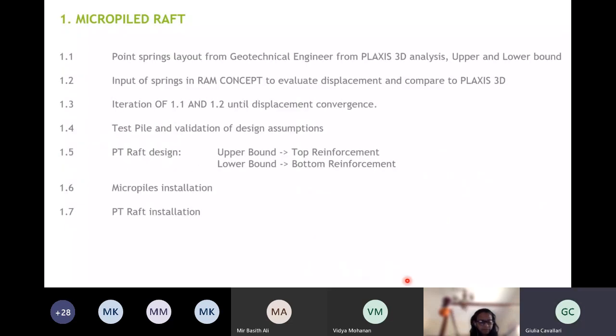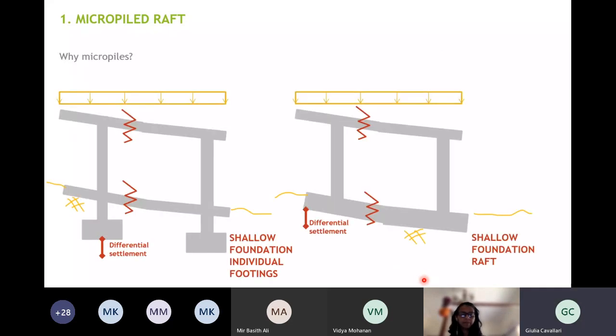We are going to look in more detail at the foundation. First of all, why have we chosen to use micropiles? Why not use a shallow foundation like pad footings or a raft? It's because the top soil strata was weak, and it was not suitable to spread the loads evenly, and we may incur differential settlement.